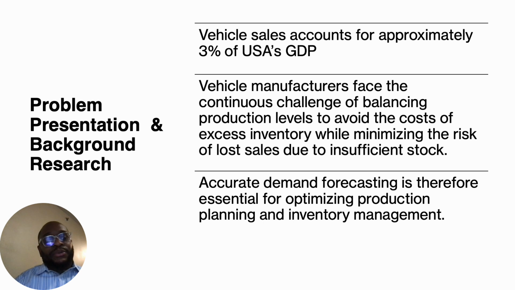Overproducing would lead to increased inventory costs, while underproducing would lead to lost potential sales. So this project is important because it will help to accurately forecast demand, which is essential in optimizing production planning and inventory management.